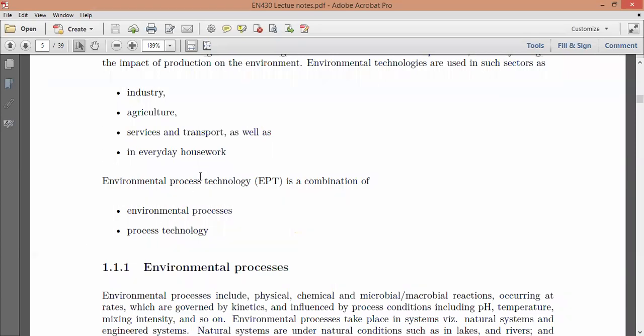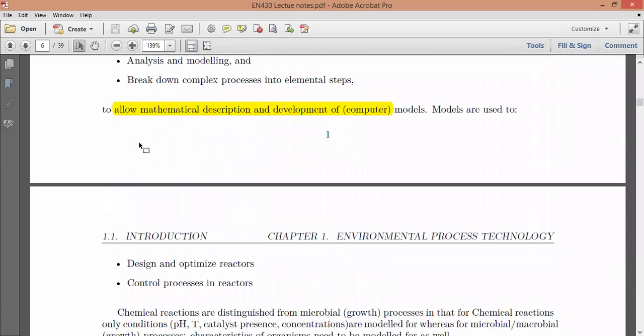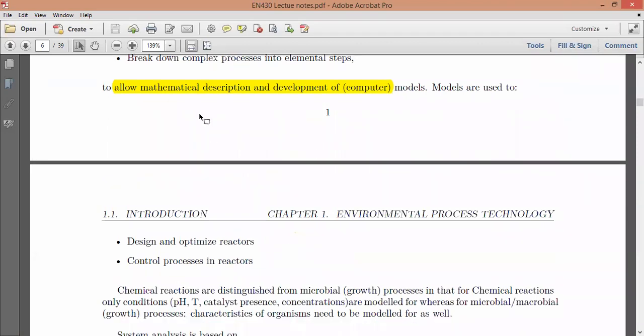You'll find that one also. Now, which other question have I seen here? This one also is an exam question. It will come every now and then. This one also, the use of models to design and optimize reactors and to control processes in reactors.